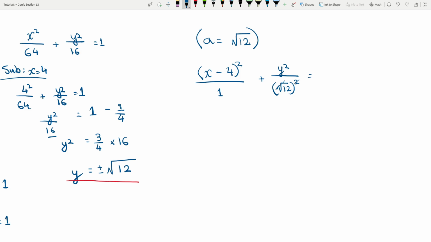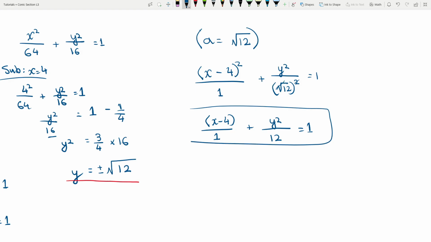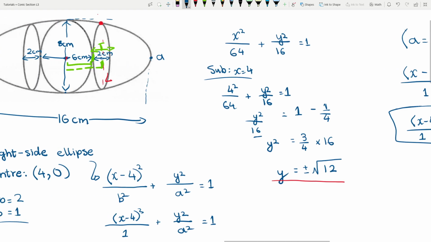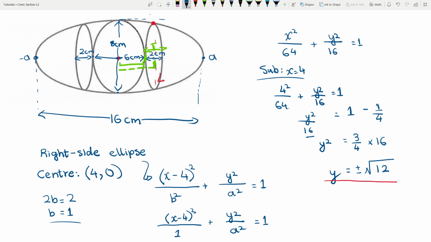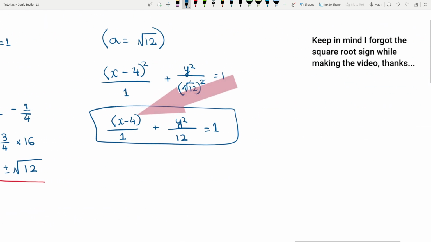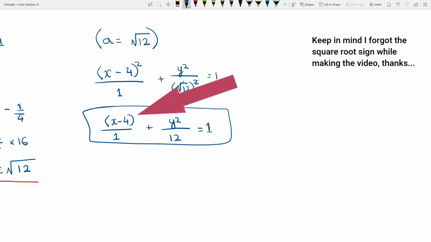Therefore, we simplify this to just y squared over 12. Okay, so now this was the right side ellipse. Now let's find the left side ellipse. It's not that difficult, it's very similar.